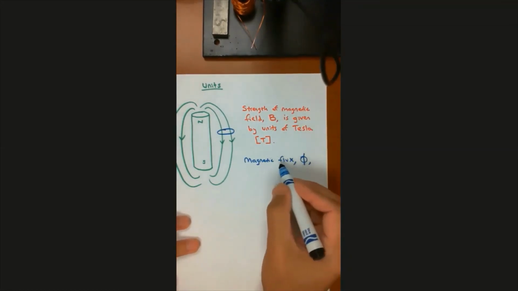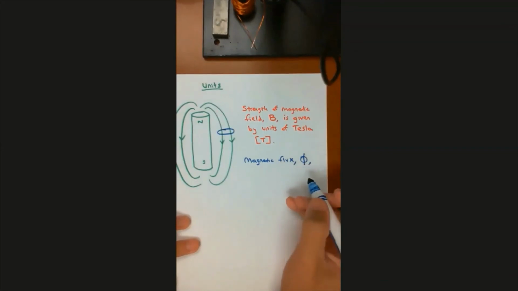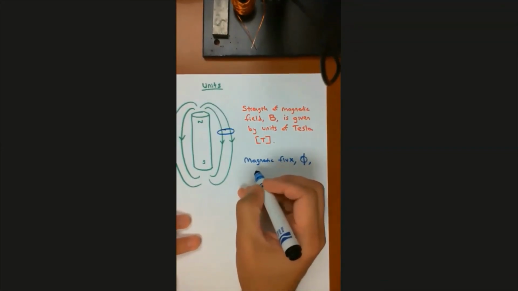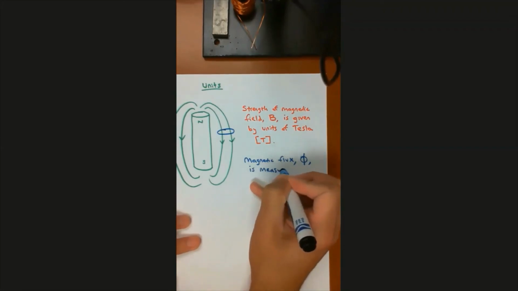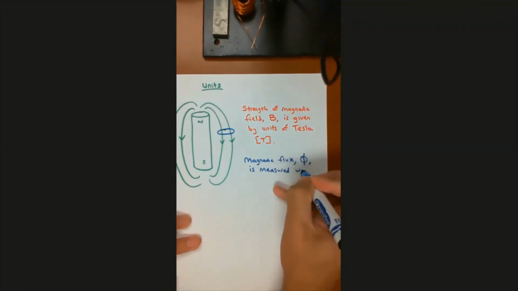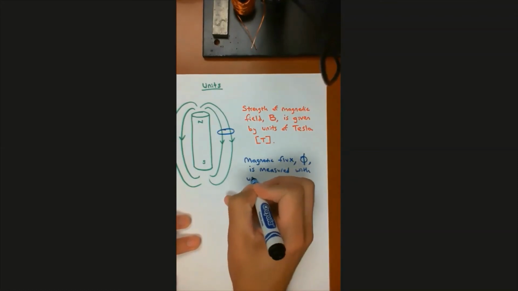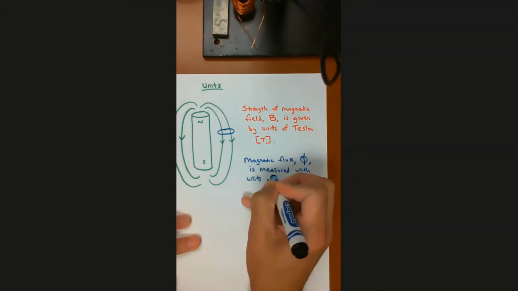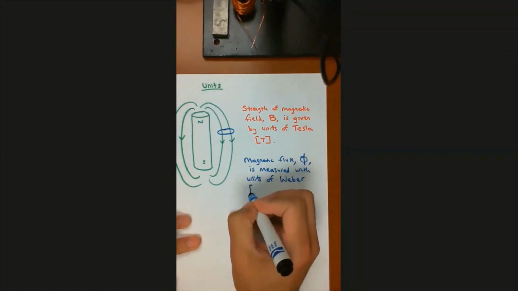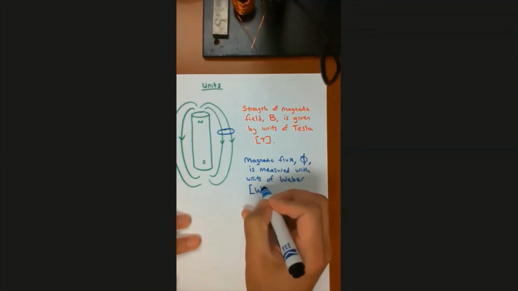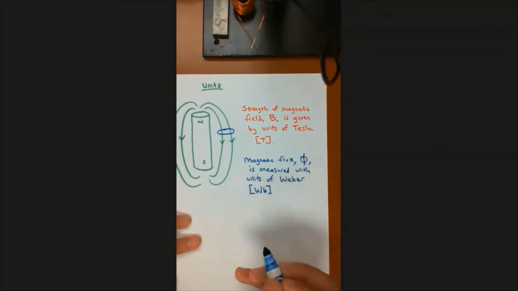But magnetic flux is given by the variable phi, and is measured with units of Weber, W-E-B-E-R, and we abbreviate that capital W, lowercase b.